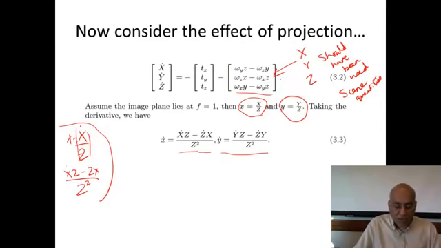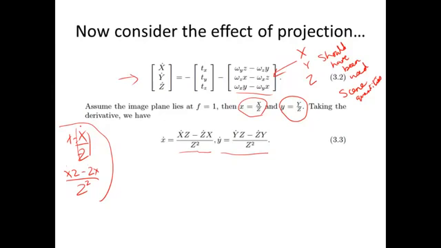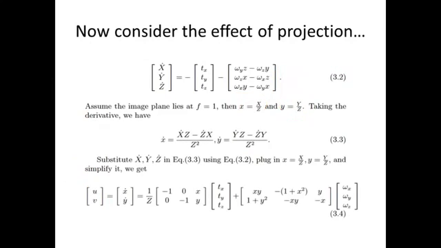So now what we have to do is to plug in expressions for the temporal derivatives of X and Y and so forth from the expression here. So that's what I do. Let's say I take this equation, and then X dot, I plug in X dot from here, and I plug in Z dot from here, and that will give me little x dot.